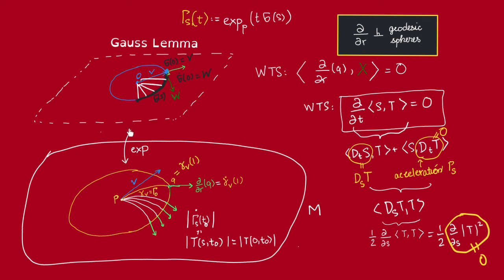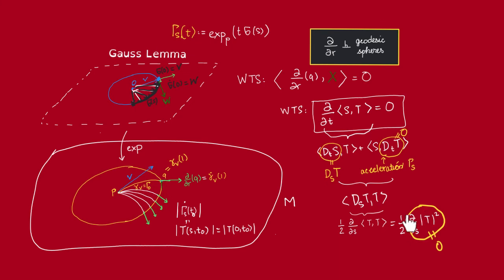Well, we chose them to be images under the exponential map of these vectors. And these vectors all have the same length. It means that all of these geodesics have the same initial speed. And that means in particular the velocity along each of these geodesics at any point is going to have the same magnitude. This t has constant magnitude.